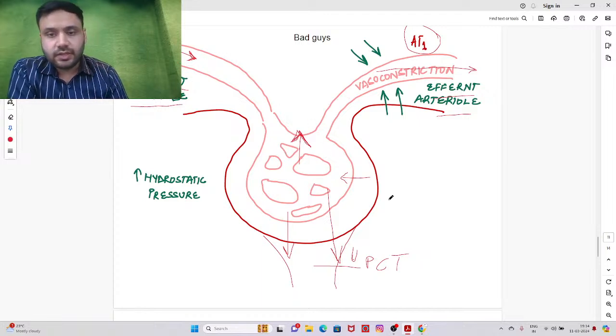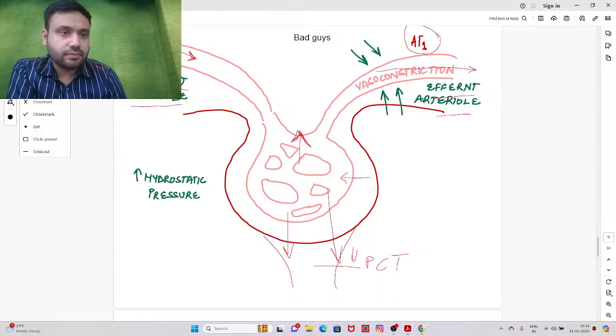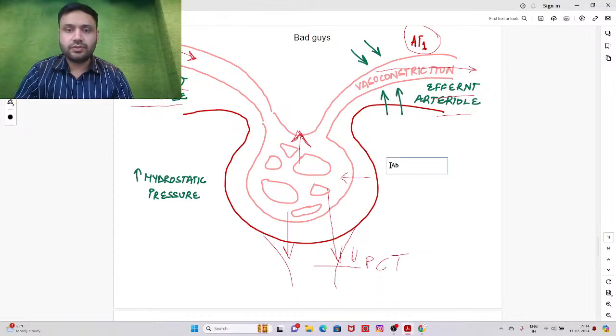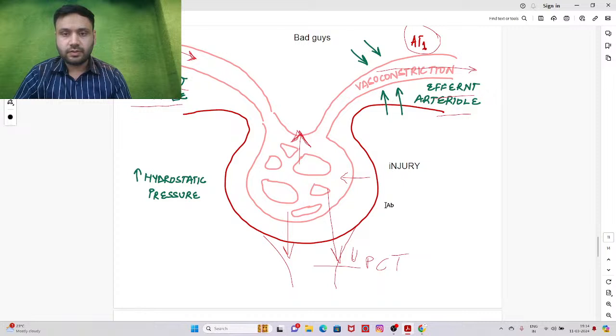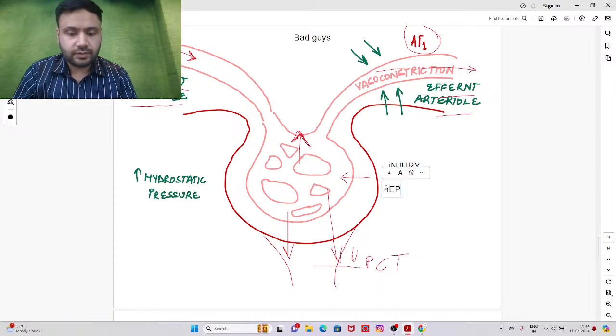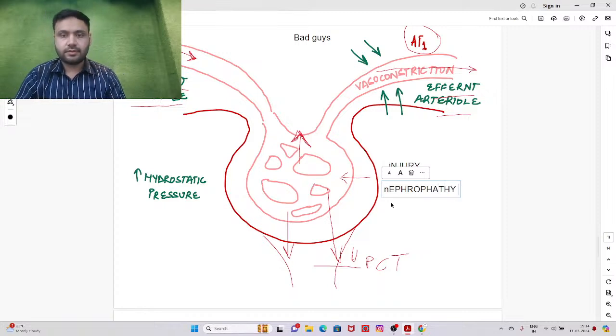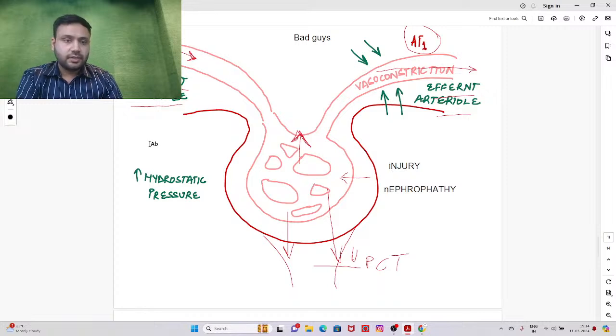What it does is it causes injury, and this injury leads to nephropathy. The rise in pressure is actually the hydrostatic pressure, which causes increased filtration and injury.